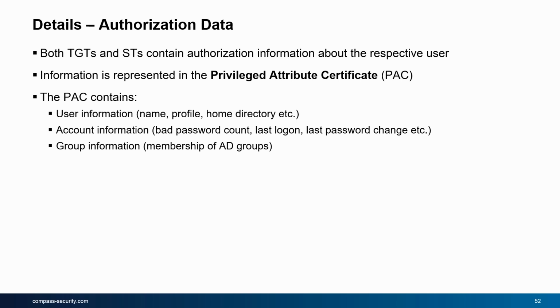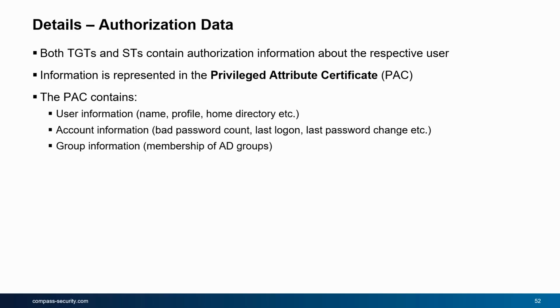And within the PAC, you find user information itself, so essentially the name, profile, information about the home directory, logon scripts, and so on. Information about the account itself, so whether the user has recently entered a bad password, when the last logon took place, the last password change, and some other information that might be relevant when you do make authorization decisions.